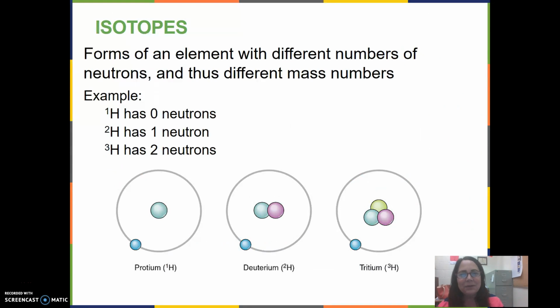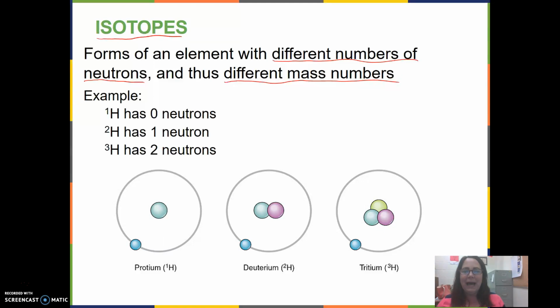Here's another example of isotopes. Again, isotopes are forms of an element with different numbers of neutrons. And if they have different numbers of neutrons, then they're going to have different mass numbers, because the mass number is the number of protons plus neutrons.